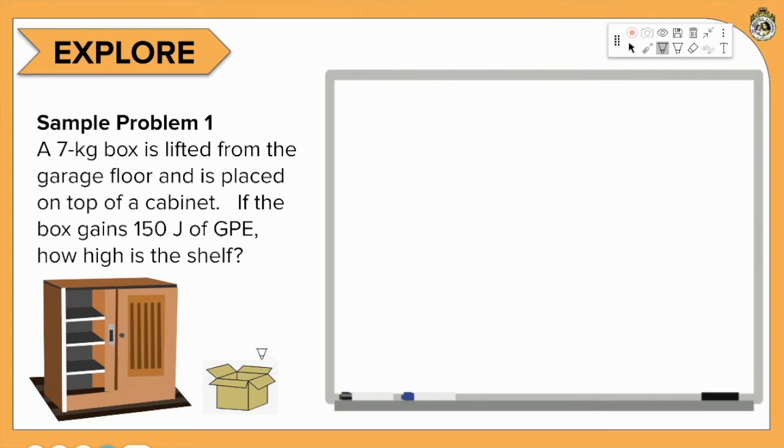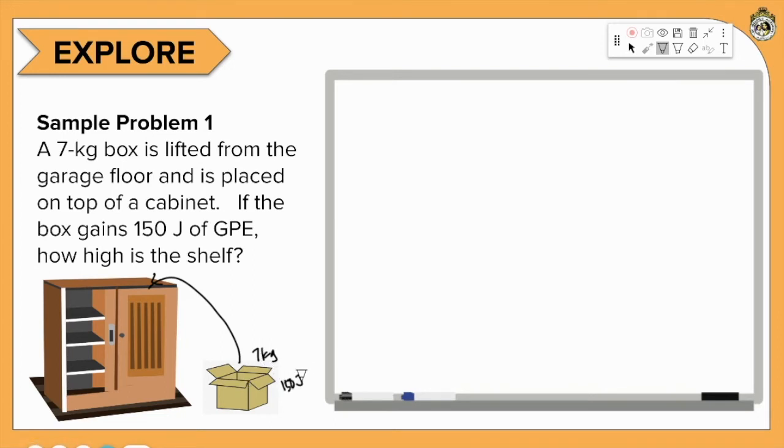Okay, so let's imagine what's happening here. You have a 7-kilogram box, so this is 7 kilograms. And then you're supposed to lift it on top of a cabinet on the garage floor, so maybe here on top of the cabinet itself. And as you move the box, it gains 150 joules.